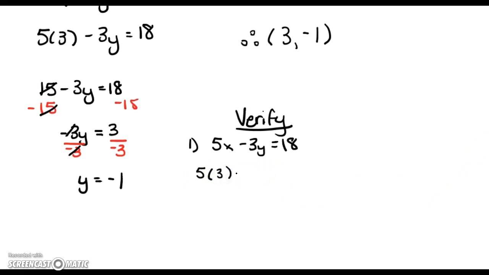So here we have 5 times 3 minus 3 times negative 1 is equal to 18. Then 5 times 3 is 15, and negative 3 times negative 1 is positive 3. That's equal to 18. Adding those together, we see that 18 is equal to 18.